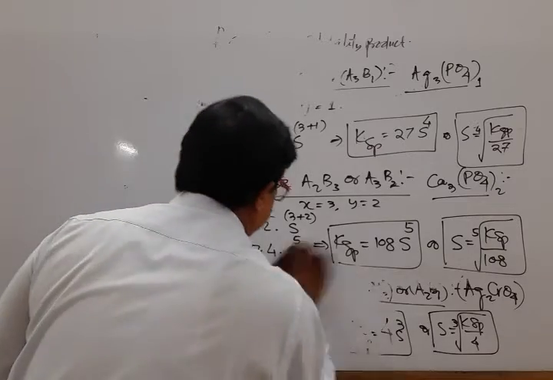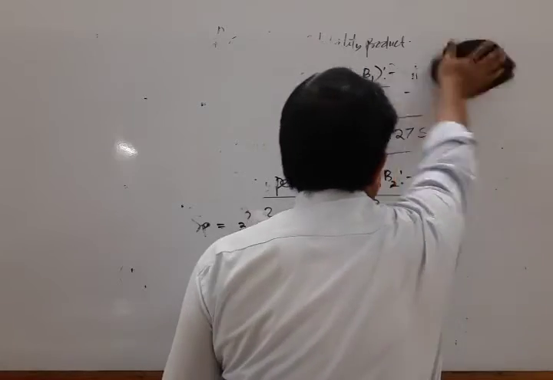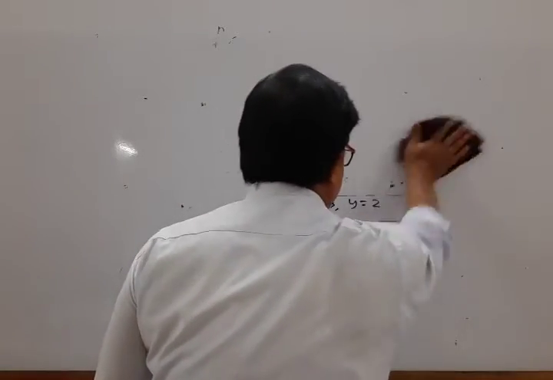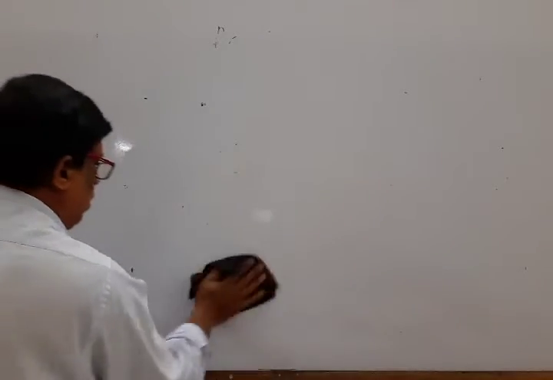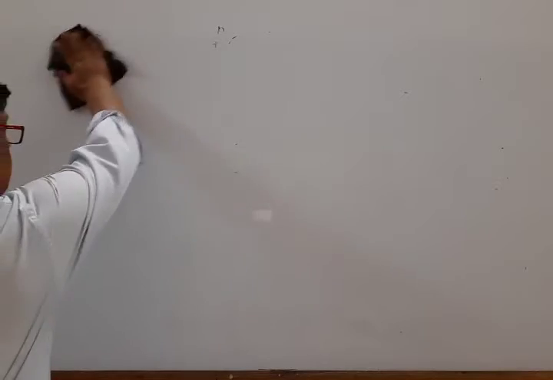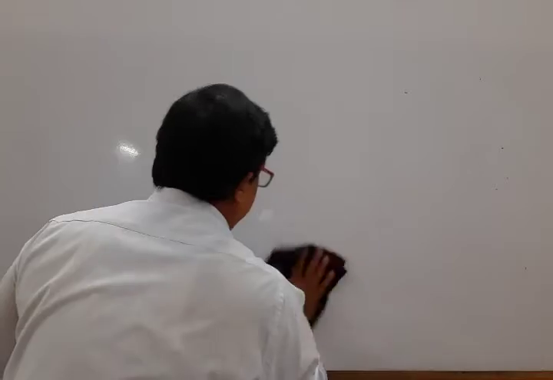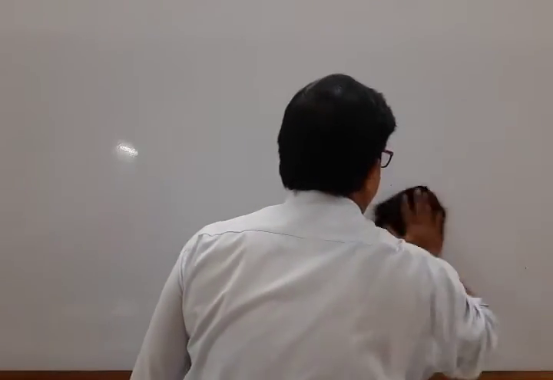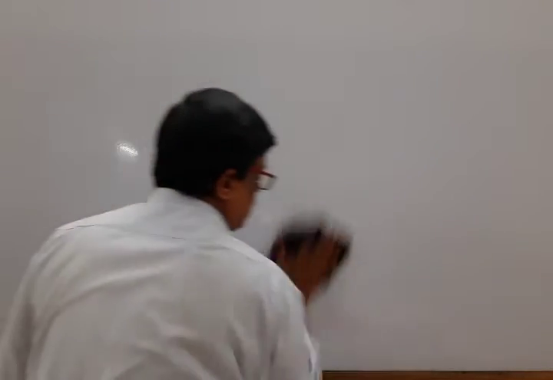That means we have to determine whether the solution is a saturated, unsaturated or supersaturated solution, depending upon the relationship between the solubility product and ionic product. The solution is classified into three types: one is a supersaturated solution, one is a just saturated solution, and one is an unsaturated solution.